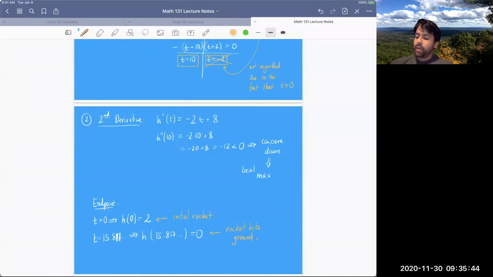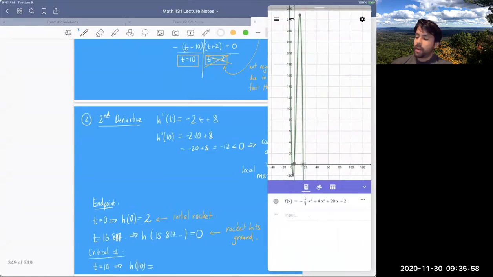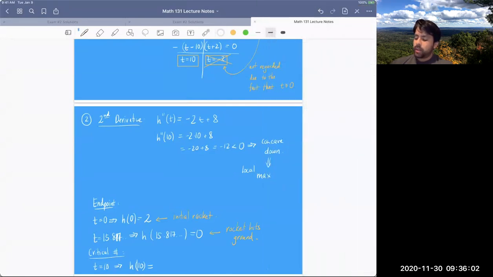And then we know the critical number. What's the critical number? When t equals 10. If I plug in 10 into my function, according to the calculator I have here, the height is 268.6 repeated feet.